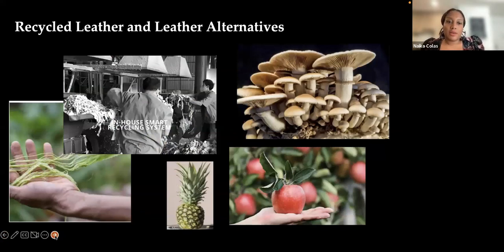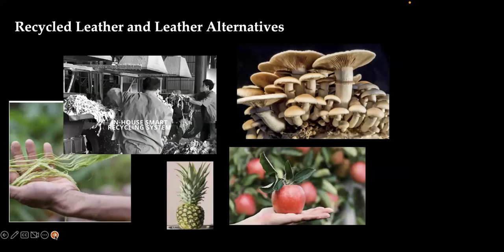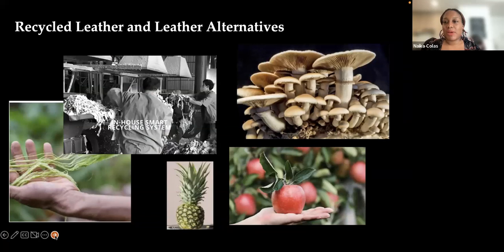So there's a brand that I really love called Mylo. Has anyone heard of Mylo? Okay. So Mylo uses mushroom fibers to create leather. And there's your Piñatex, that's why you see the pineapple here. There's also brands making leather using scraps from apples.